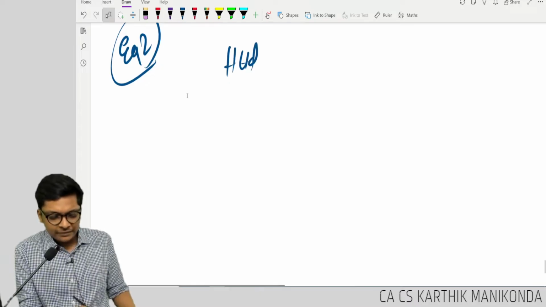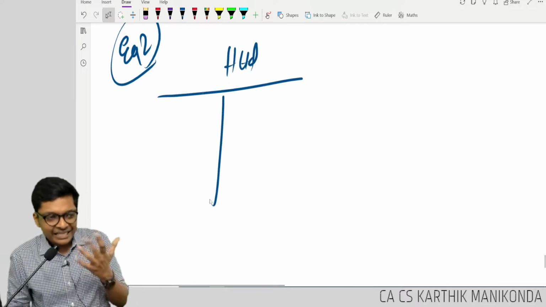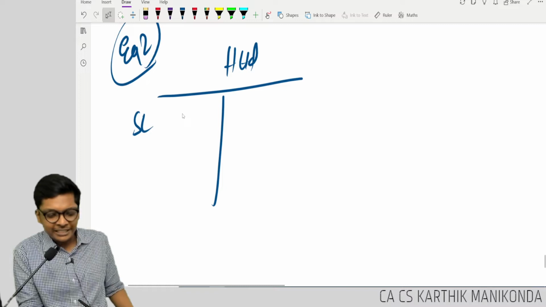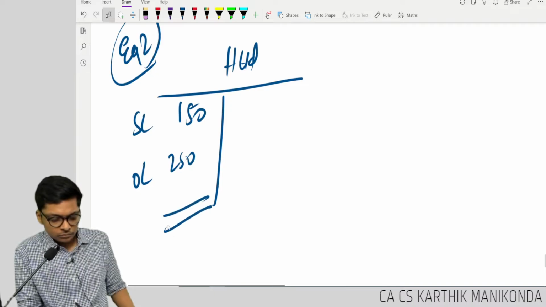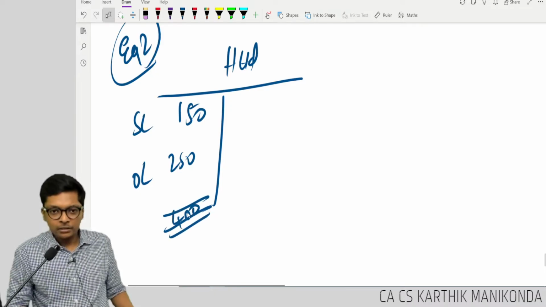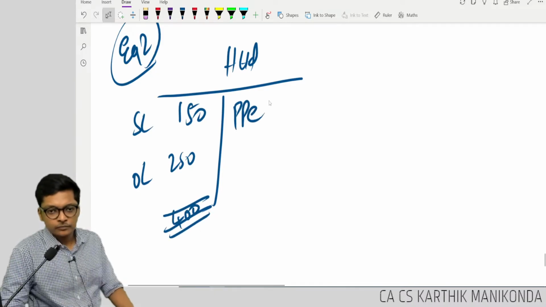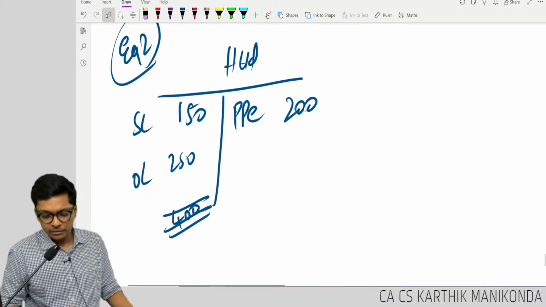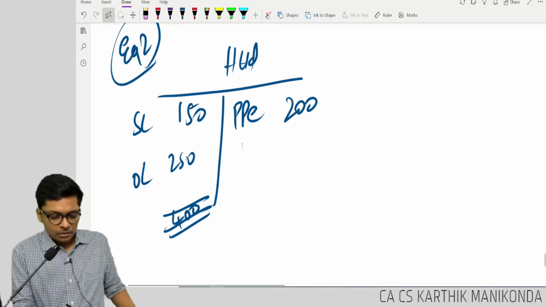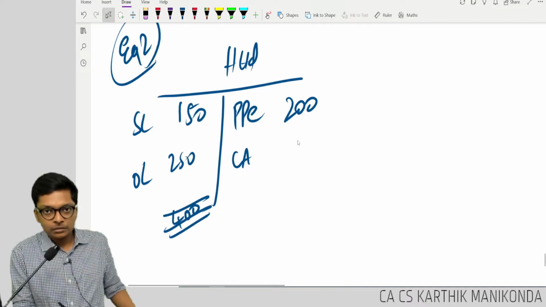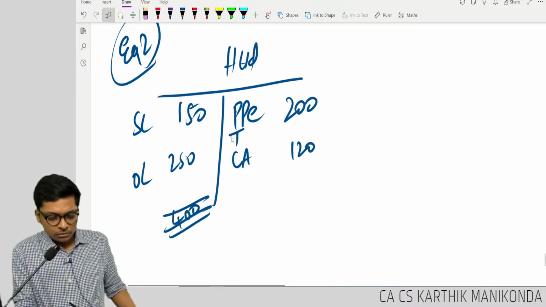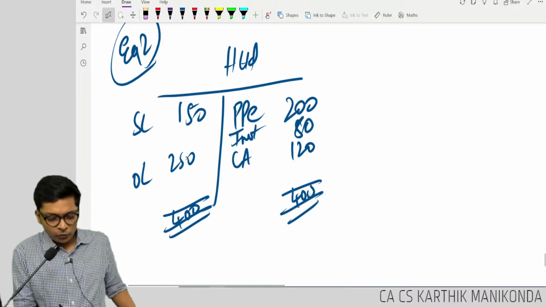Holding limited, which is our Adidas. Same numbers. Share capital, how much, guys? Other liabilities 400. PPE, then current assets, investments 80, total is 400.